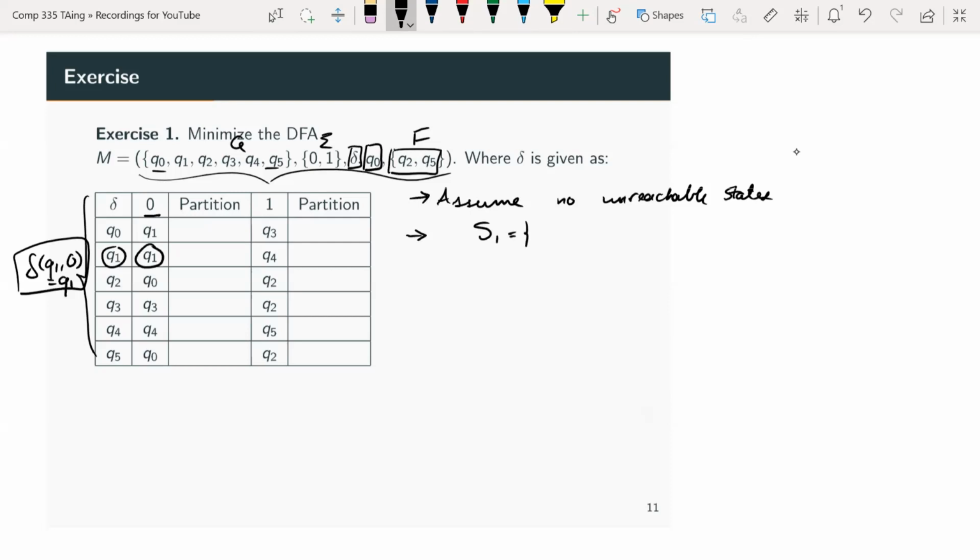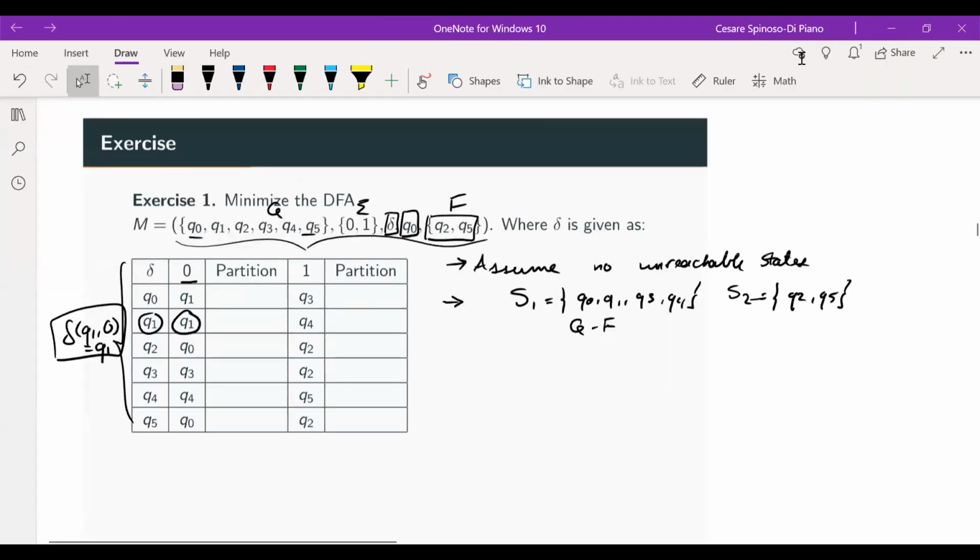The first partition is Q minus F, so that would be Q0, Q1, Q3, and also Q4. And then the second partition containing F would be Q2 and Q5. So start from there and then try to apply the indistinguishable, distinguishable idea, and we'll do the solution together.